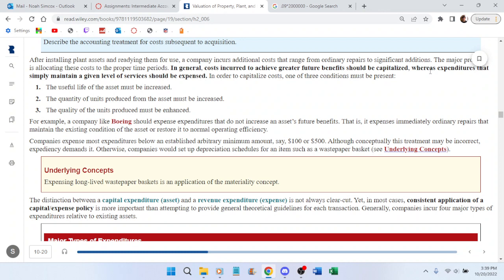So if you only are maintaining the existence of an asset, it's expensed. But if you increase the value of the asset, if you increase the future benefits of it, then capitalize. So most expenditures below a certain amount of money are expensed.